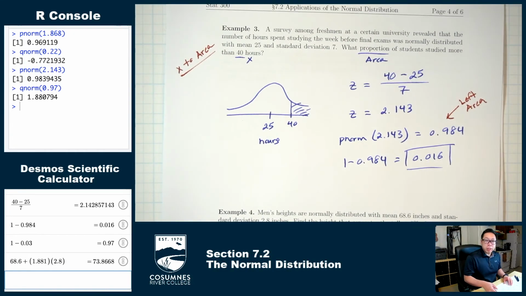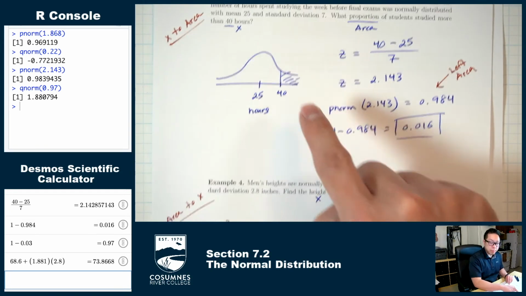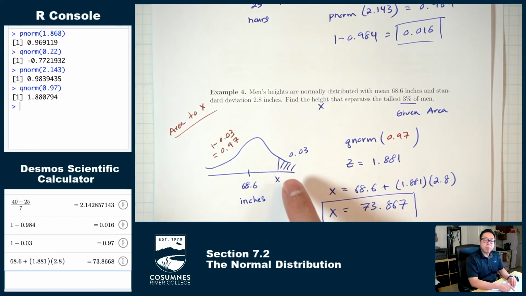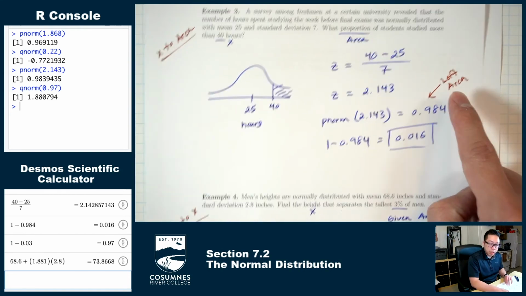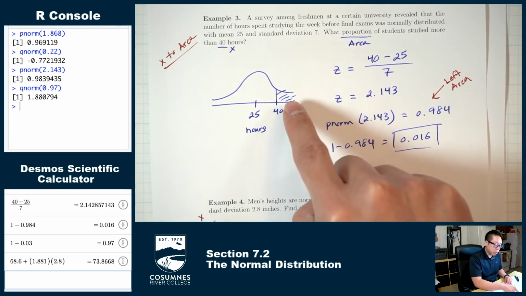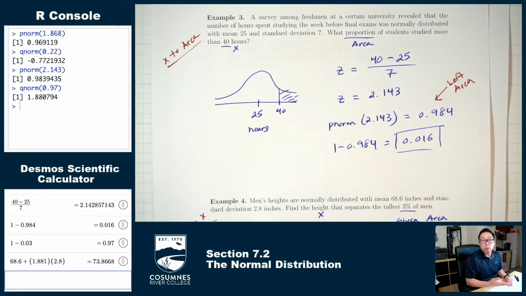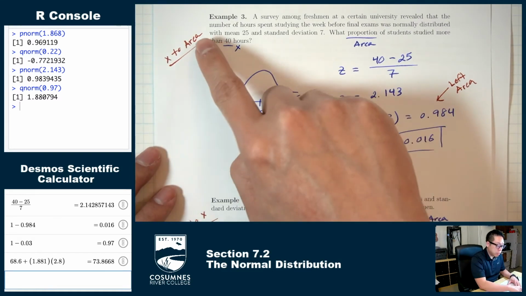In examples 3 and 4 that we just did, both of these pictures were shaded to the right. Because of the way P norm and Q norm work, P norm only outputs the left area and Q norm only takes the left area. So anytime you have a picture that's shaded to the right, you will have to do a 1 minus at some point. And the question is, where do you do the 1 minus? You always do the 1 minus on the area.